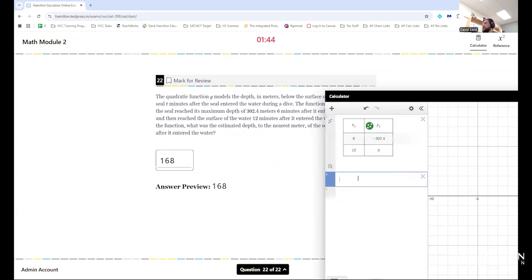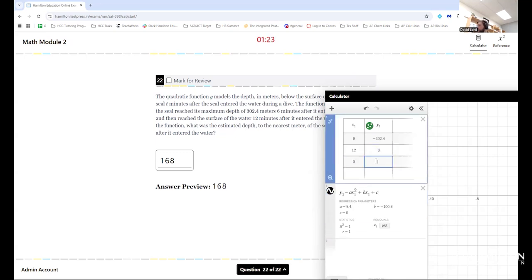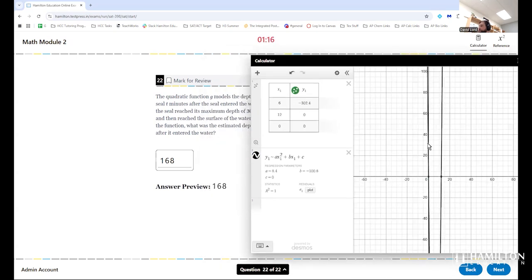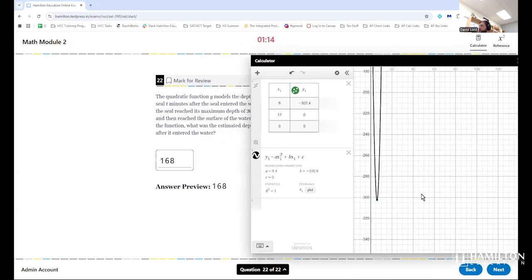And then we know that it's a quadratic model, so y tilde a x1 squared plus b x1 plus c. What you may notice is that we still need another point because there are only 2 points here. So we're going to do 0 comma 0, and then that makes it perfect. And then it also graphs it for us too. So we can see it way down here.